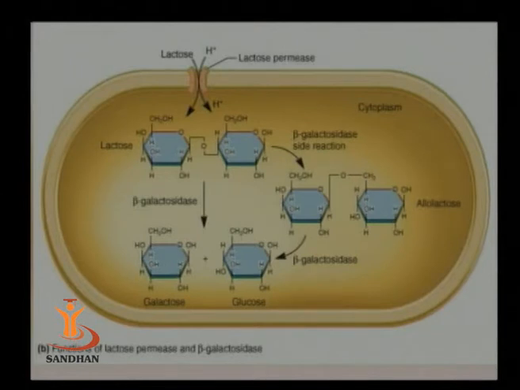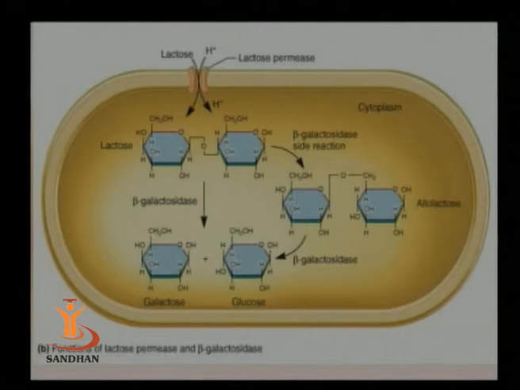This lactose will enter inside a bacterium cell, and you can see in the figure that with the help of another enzyme known as beta-galactosidase, it is converted into allolactose. Allolactose is the inducer in the case of the Lac Operon. Beta-galactosidase also converts the lactose to the monosaccharides galactose and glucose.